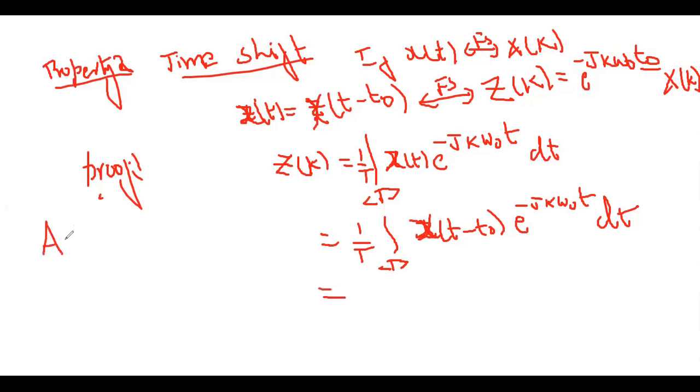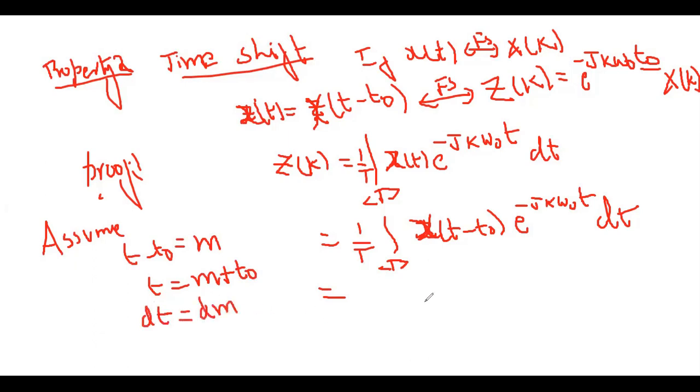Assume t minus t naught is equal to some m. Got it, my students? So t is equal to m plus t naught. The t naught is a constant. Apply the derivative on both sides, so dt is equal to dm.